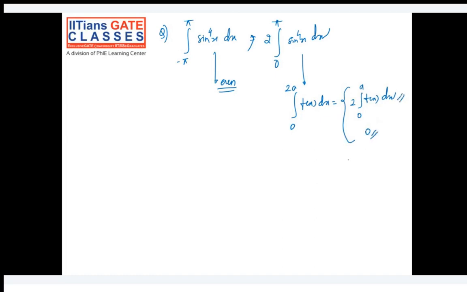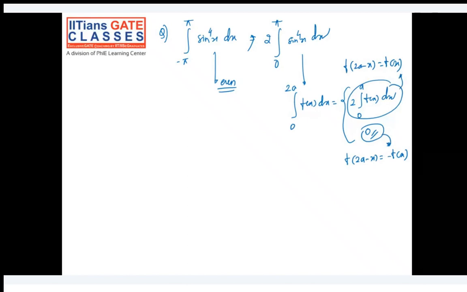If it is equal to minus f of x, then 0 is the answer. Or if f of 2a minus x equal to f of x, then 2 times integration 0 to a f of x dx is the answer. Check it. So in this case, you will get this. Check it on your own. This is for homework.